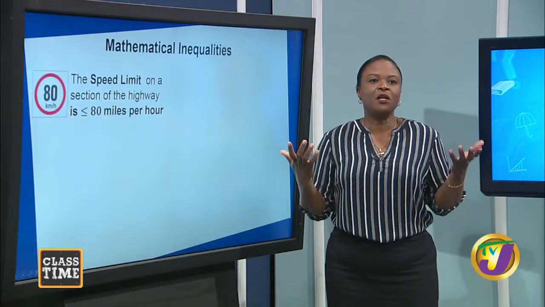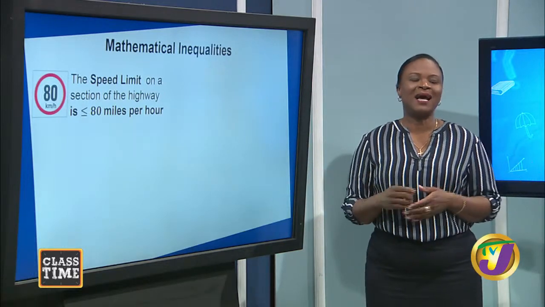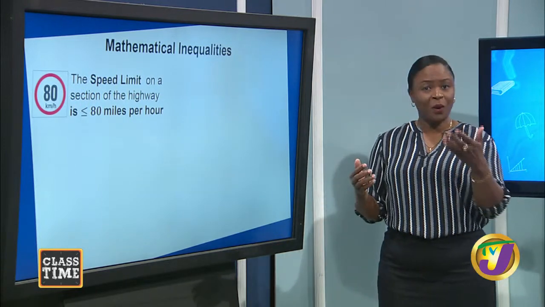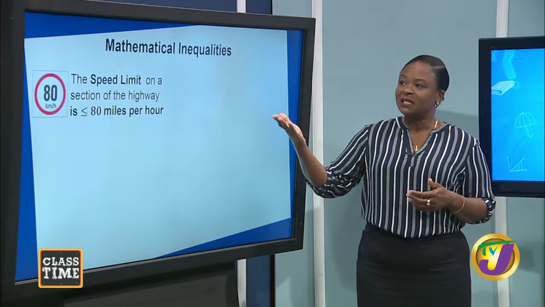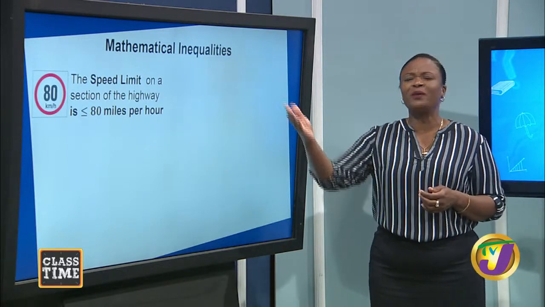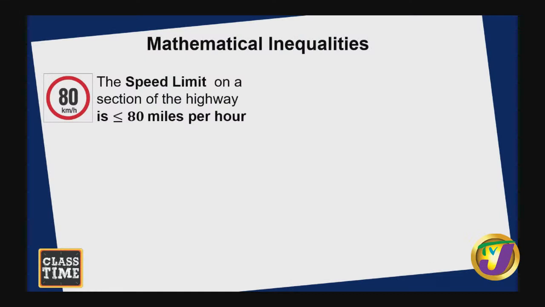So you would write negative infinity, and that would be your answer for number 2 of the sample question. Now, we have been looking at mathematical inequalities, and some persons would have said, but where does this come from? I don't use it. I want to say to you that mathematical inequalities come up in our lived examples. When we talk about the speed limit on a section of the highway, it is less than or equal to 80 miles per hour.